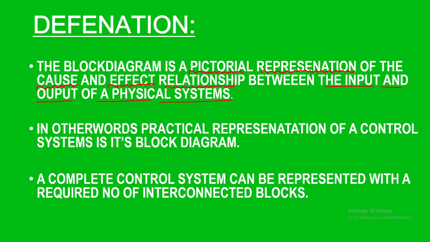The equations that can be written in the form of cause and effect can be represented in the form of one diagram, which is called a block diagram representation. In other words, we can say it is a pictorial representation of a control system.